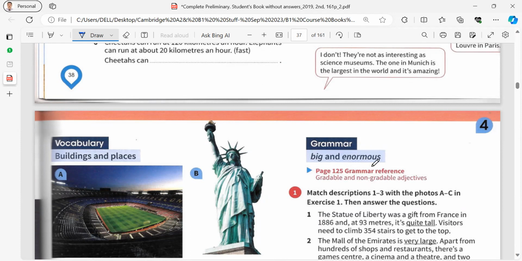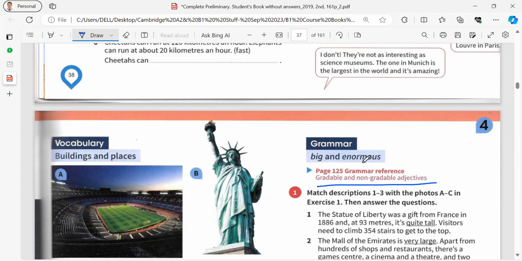So this is the last part in our Unit 4 grammar focus. Big and enormous. What is the difference, Nawaf? We call it gradable and non-gradable adjectives. Big and enormous have the same meaning in Arabic, كبير. But big is gradable. You can say very big, so big, quite big.